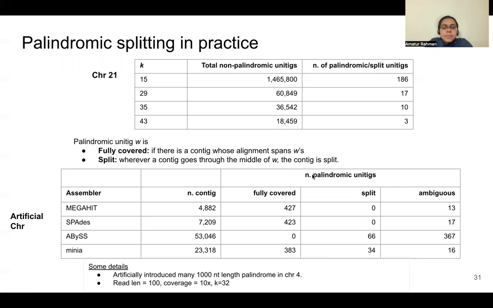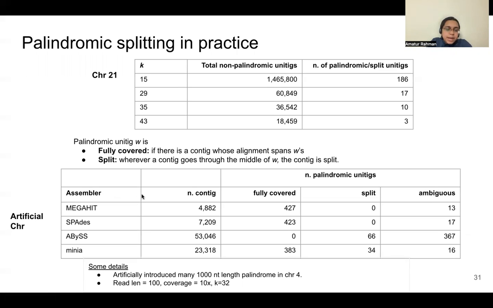We say a palindromic unitig W is fully covered if there is a contig whose alignment spans W, and we say the palindromic unitig W is split if wherever there is a contig that goes through the middle of W, the contig is split. And the other category is palindromic unitigs that don't fall into either fully covered or split; those are ambiguous.